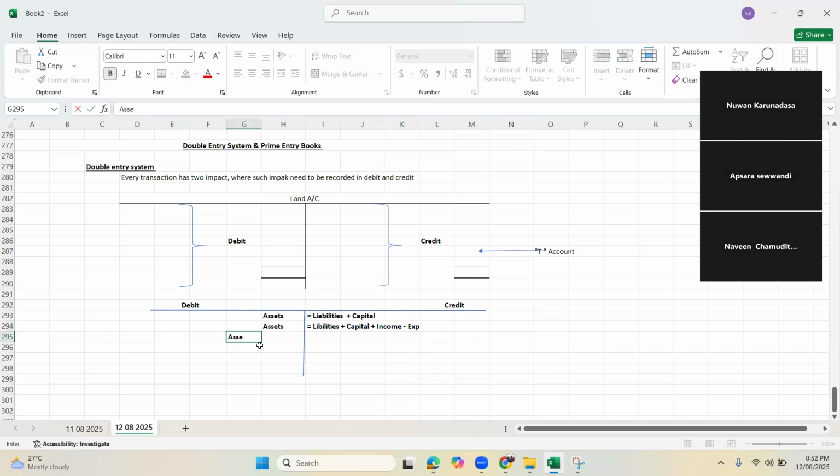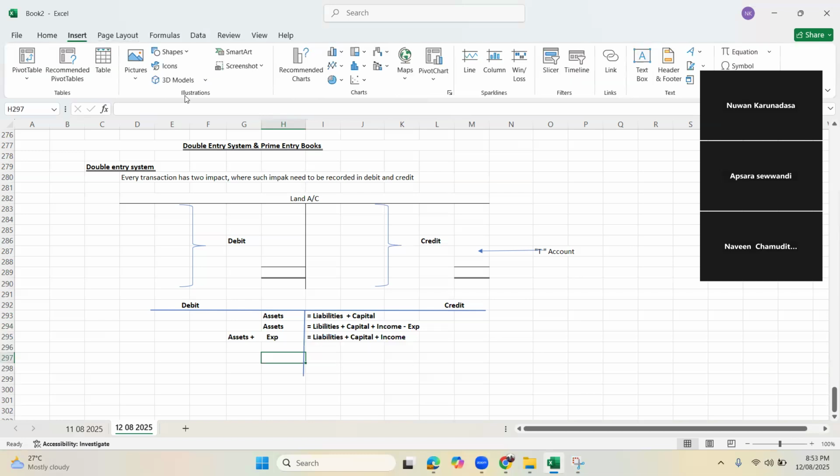Then here, assets plus expense equal liabilities plus capital plus income. See here, assets plus, expense plus, then liabilities plus, capital plus, income plus.